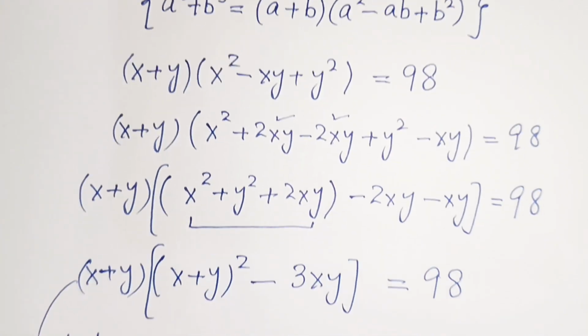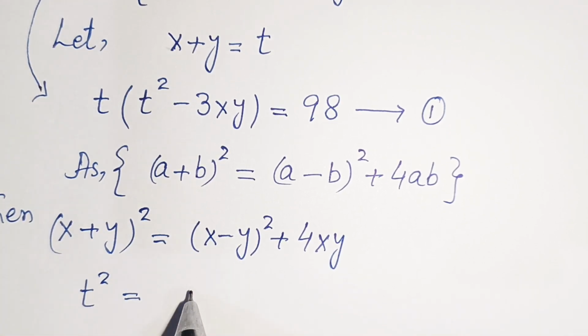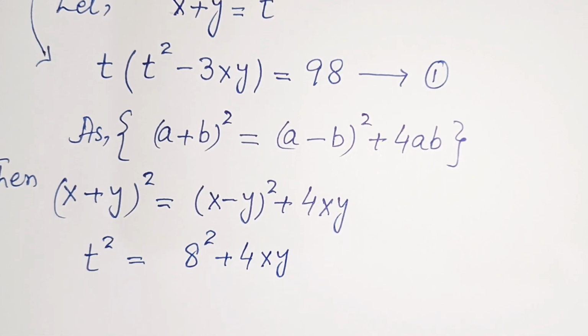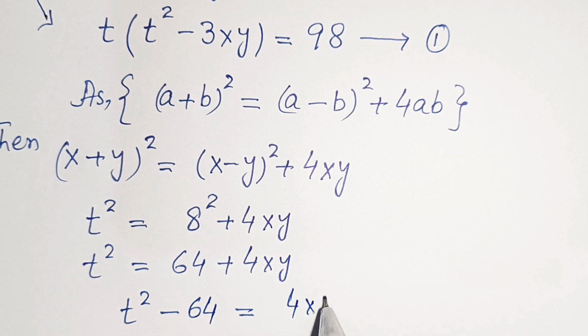Putting this value here, we get x minus y whole squared will be 8 squared, and plus 4 times xy. So t squared is equal to 8 squared, which is 64, plus 4xy. Now shifting this 64 to our left hand side, we have t squared minus 64 is equal to 4xy.